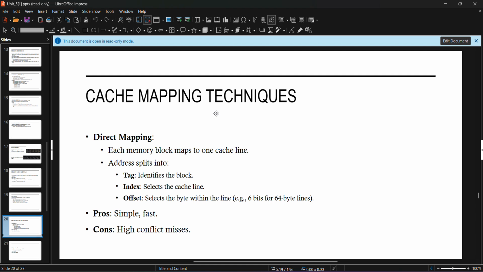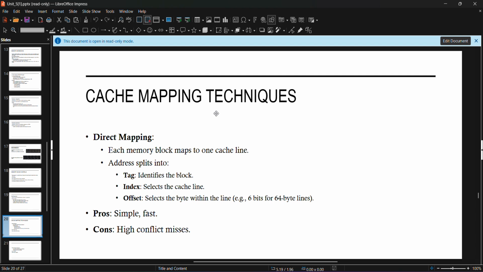What does the tag do? The tag identifies the memory block, or we can also say the tag verifies if the data we are looking for is the correct one in the cache.